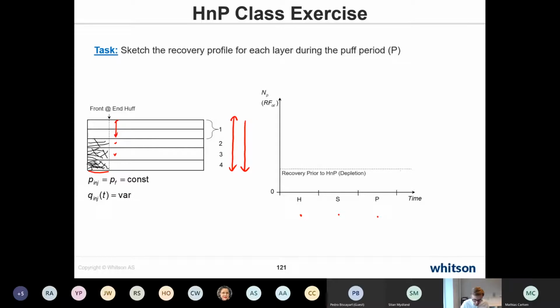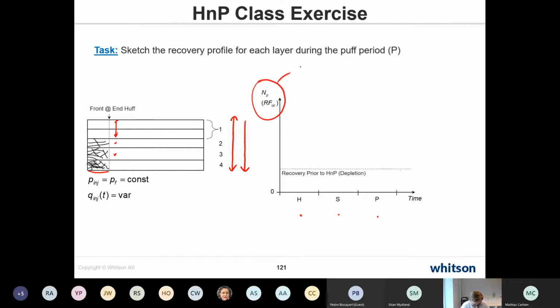Yeah, nobody would like to go, so I'll try to sketch it myself, and then Stian will say if I'm right or wrong. So the only thing we know is that this is the recovery prior to depletion. During the Huff cycle, we're not producing any incremental oil, which is what is plotted here on the y-axis.